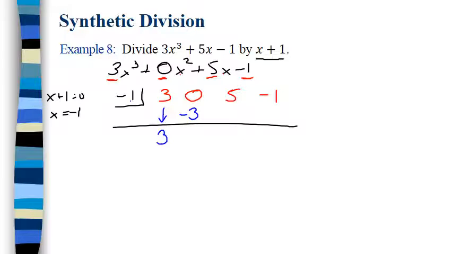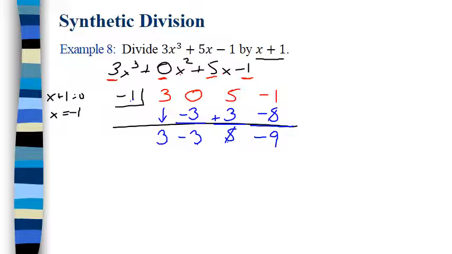I'm going to add 0 plus -3 is -3. -1 times -3 is +3. I'm going to add 5 plus 3 is 8. -1 times 8 is -8. I'm going to add -1 plus negative 8 is negative 9.